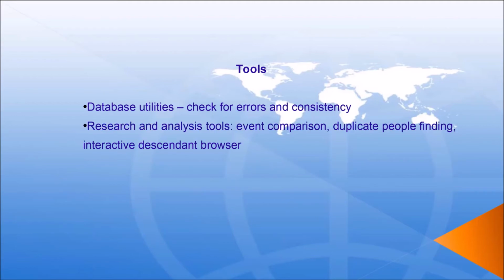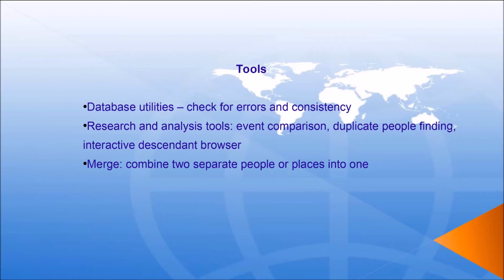Research and analysis tools, we can go over those. Event comparison, duplicate people finding, interactive Descendant browser. One thing I found, I did an unfortunate merge a number of years ago, and I did it badly. So I still have a number of duplicate people in there. And when I find them, I use the merge facility to pull them together.